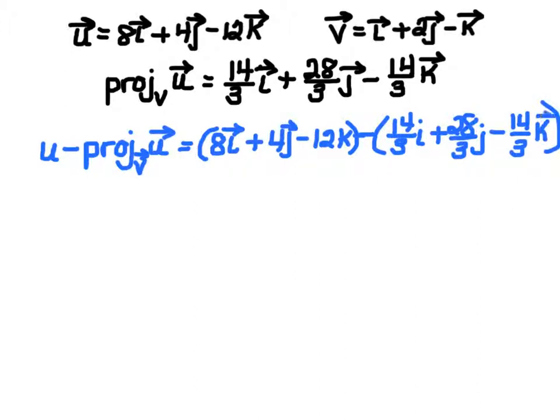And I should have arrows over these because they're vector components. And when I do this, we want to have a common denominator.